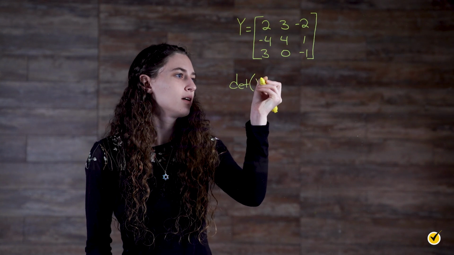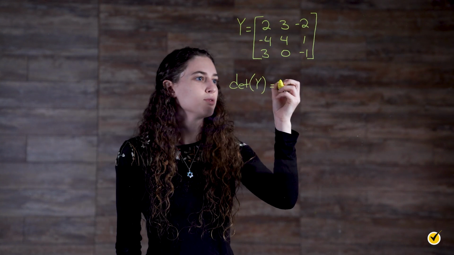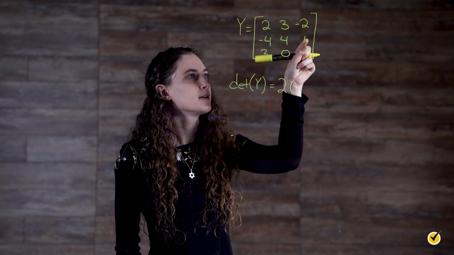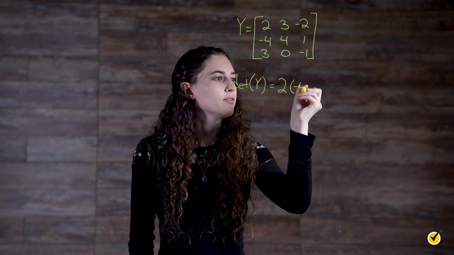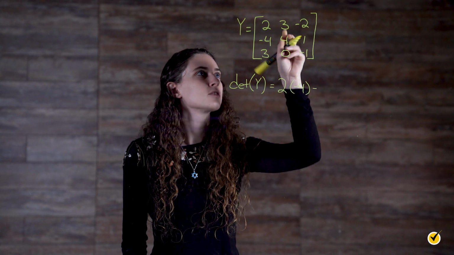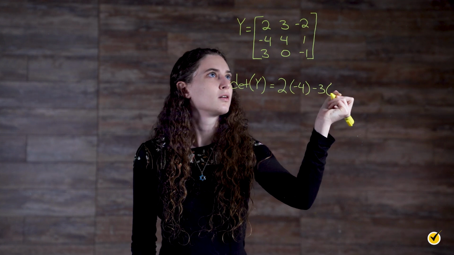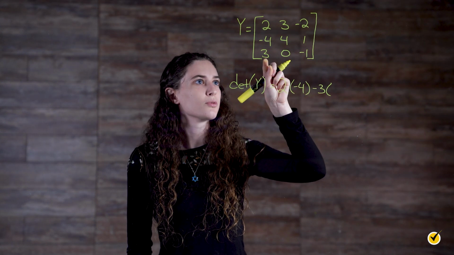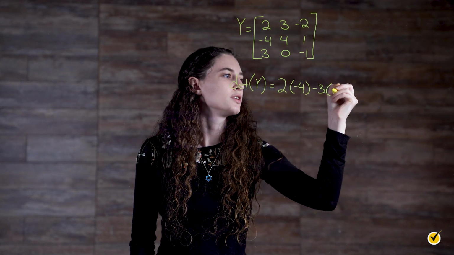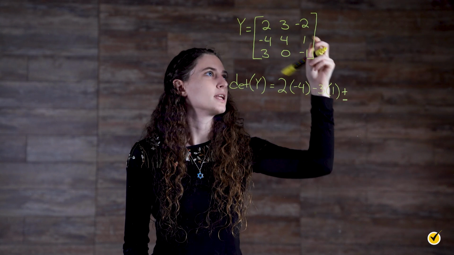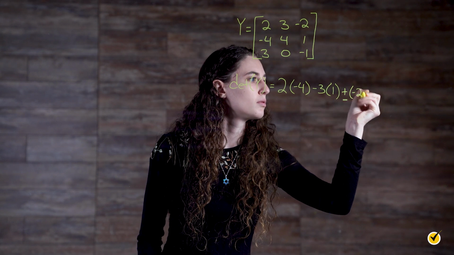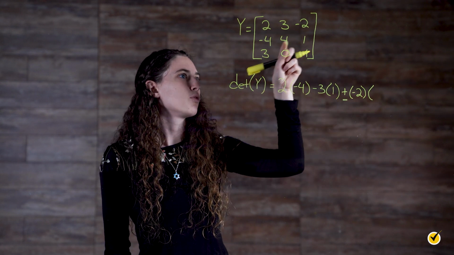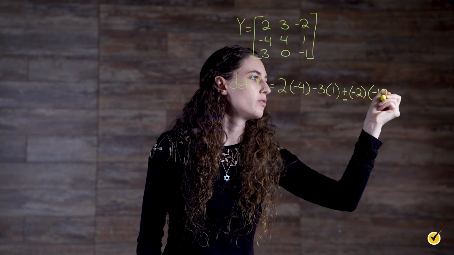The determinant of Y is equal to 2 times 4 times -1 is -4, minus 1 times 0 is 0, so -4, minus 3 times -4 times -1 is 4, minus 1 times 3 is 3, so 4 minus 3 is 1, plus -2 times -4 times 0 is 0, minus 4 times 3 is 12, gives you -12.